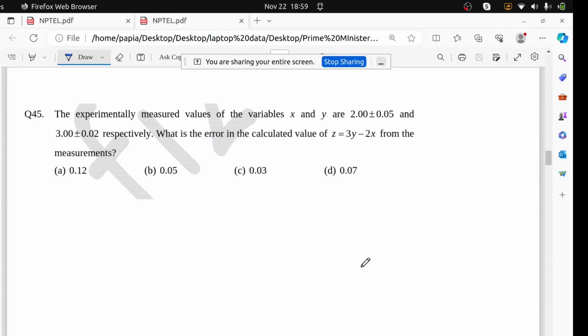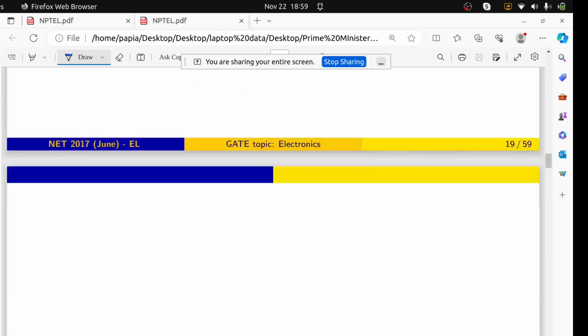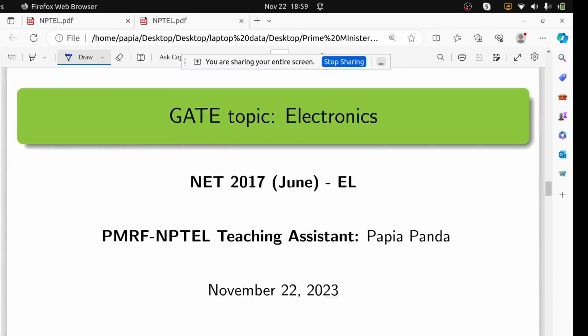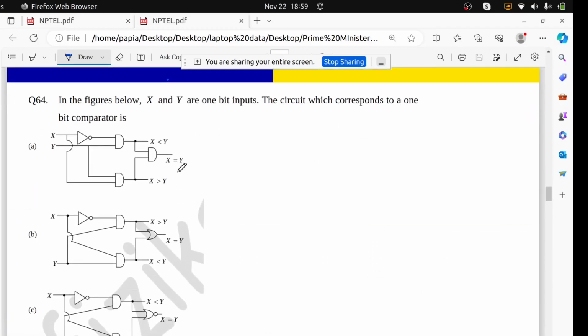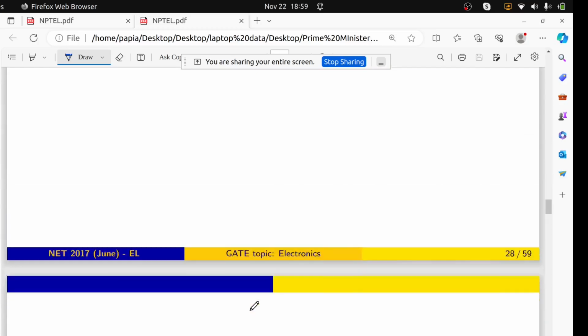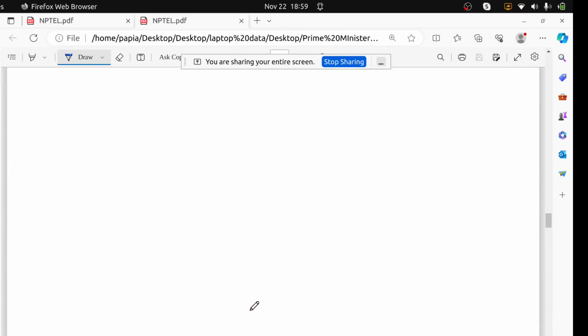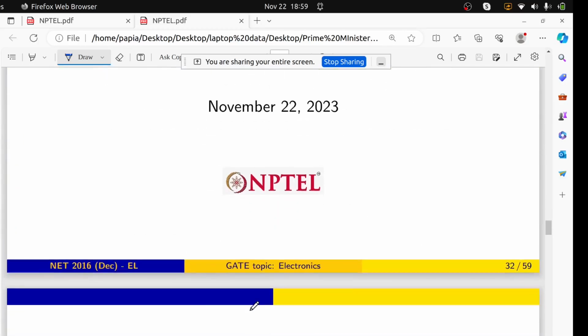In that class I just mentioned the digital part a little bit and the error part a little bit, so maybe that's why it stopped a little early. And the gate is very simple, you can definitely do that by yourself. I should mention the transistor part also here. I will do that in the next class.